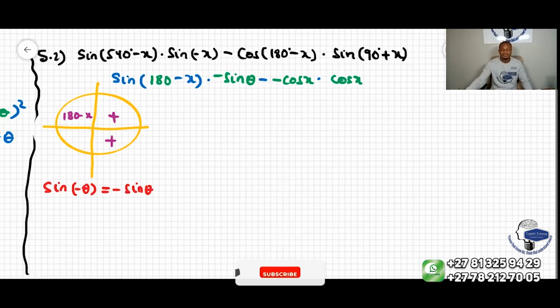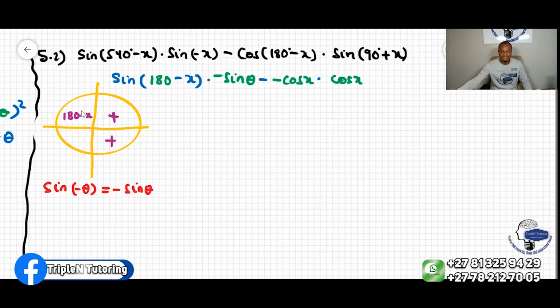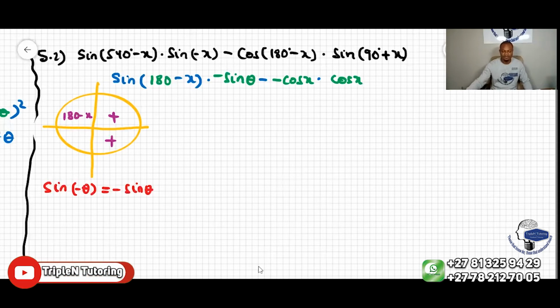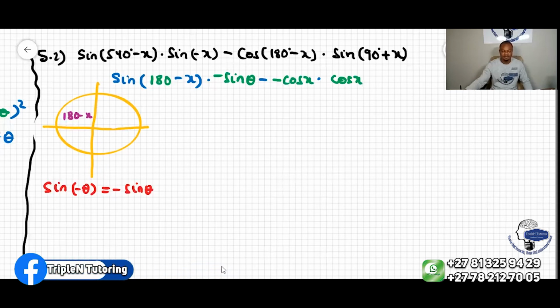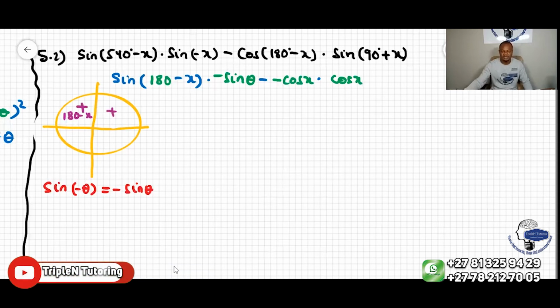Now sine of 180 minus x, meaning we are in the second quadrant. We know sine is positive in the first and second quadrants, so this will still be sine x.